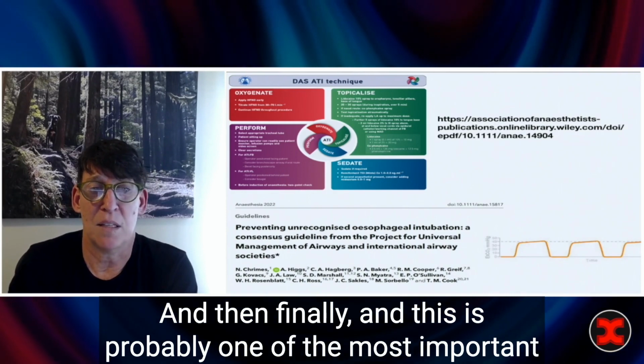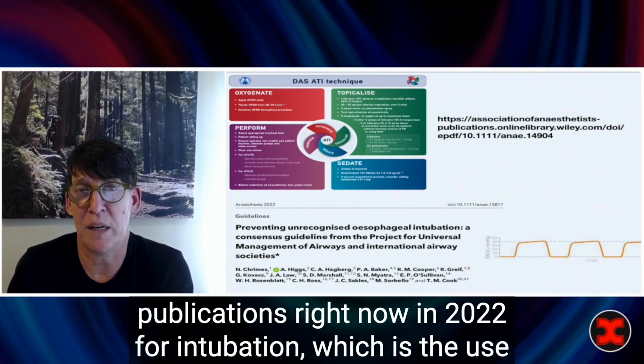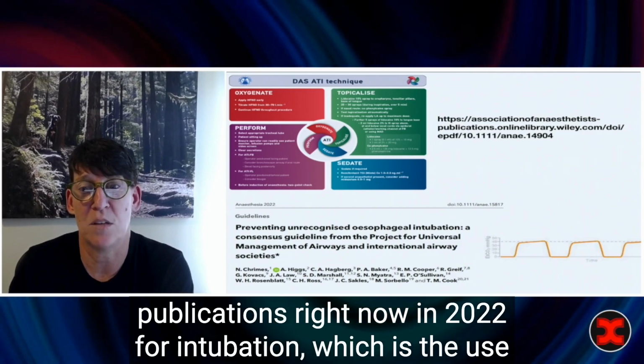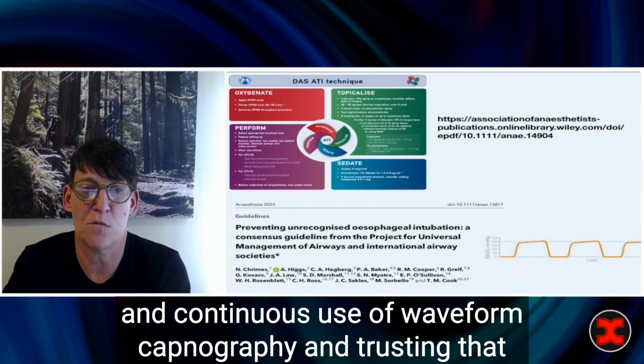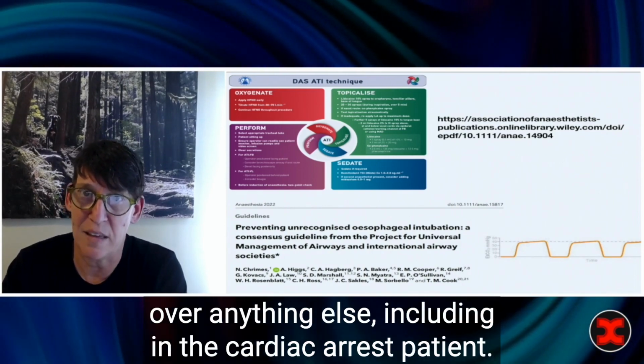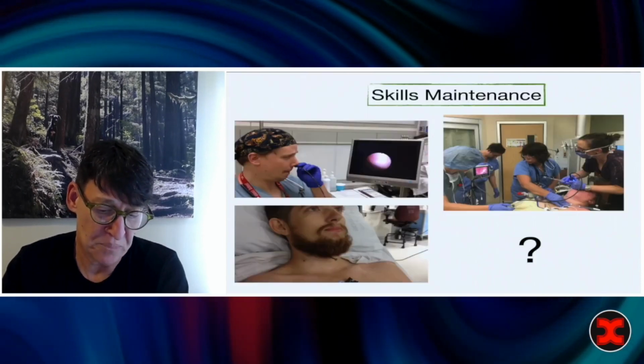And then finally, and this is probably one of the most important publications right now in 2022 for intubation, which is the use and continuous use of waveform capnography, and trusting that over anything else, including in the cardiac arrest patient.